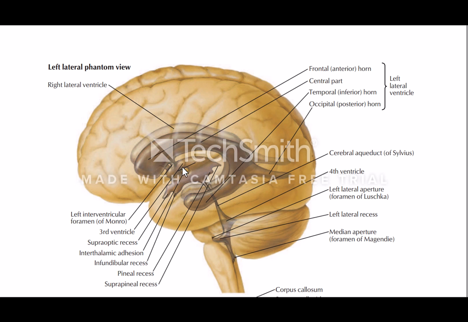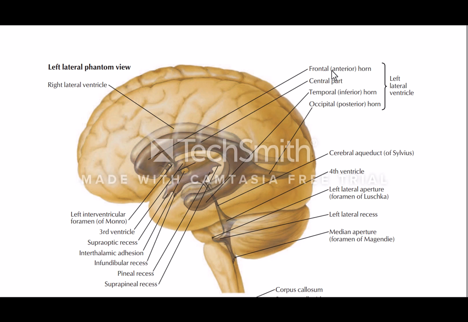So looking at the gross anatomy of the lateral ventricle, you can see it extends right from the frontal lobe of the cerebral hemisphere posteriorly down to the occipital lobe, and it has four major parts.